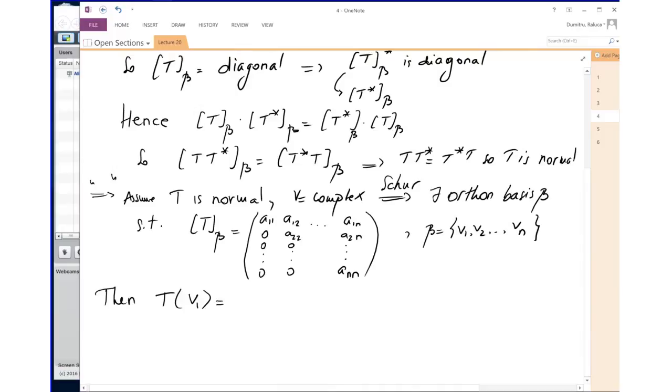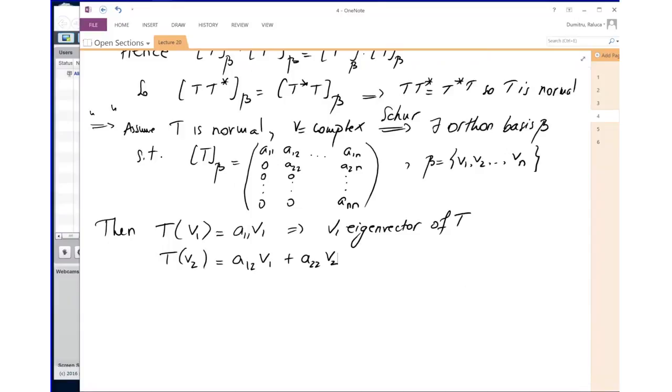All right, so what is T of V1 if that's the matrix? The coefficients of T of V1 are given by the first column, right? A11 V1, but doesn't that mean that V1 is an eigenvector corresponding to eigenvalue A11? All right, but V2 is not that nice because T of V2 is A12 V1 plus A22 V2, right? So it's not automatically an eigenvector.